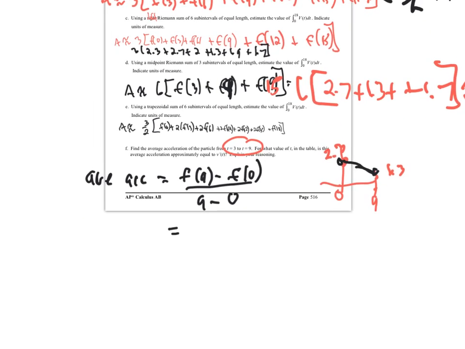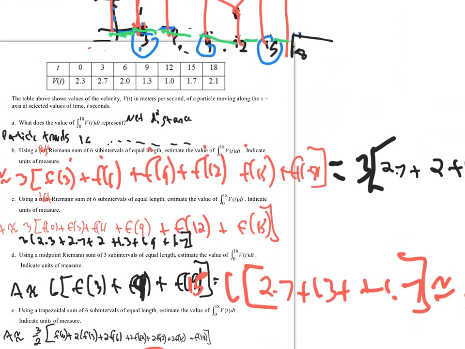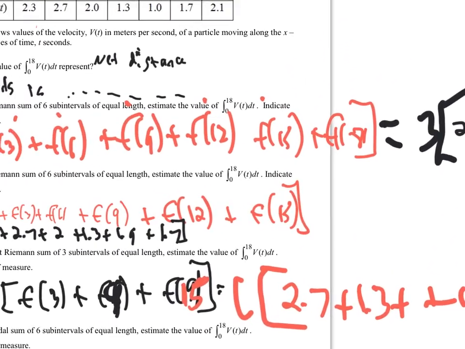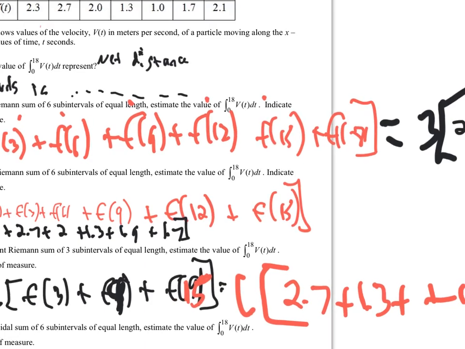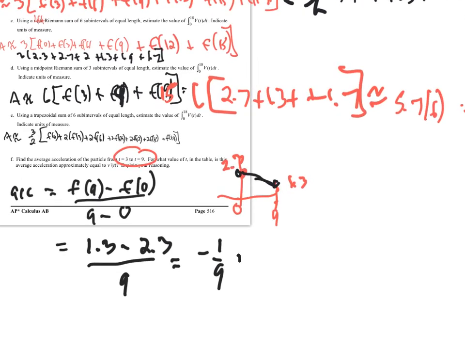I already wrote that down. 1.3 minus 2.3 over 9, which is negative 1/9. And average acceleration would be, was it meters per second? Yes, that was velocity, so it's meters per second squared.